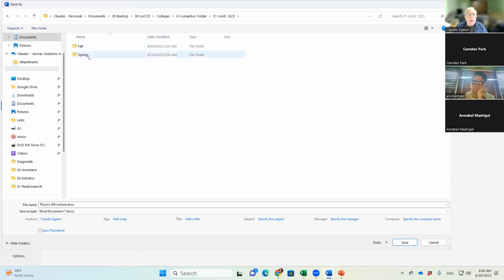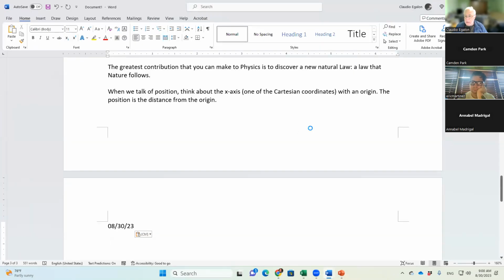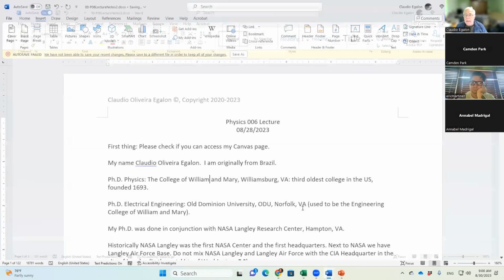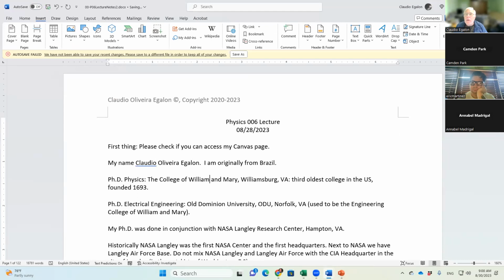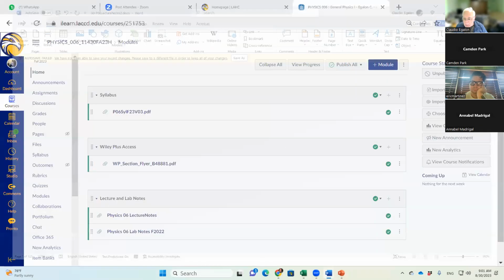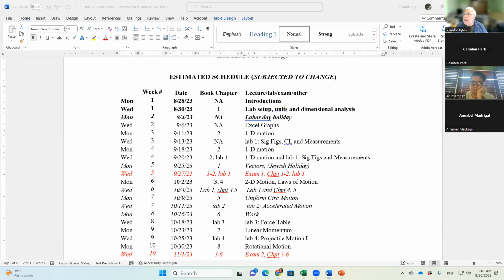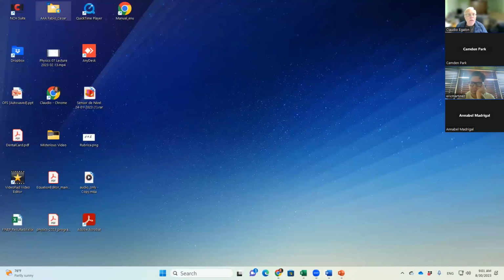Fall. Okay, so I put 3 for now. Okay, save it. Good. And now I can resave it. And going back to the place where that document was located.